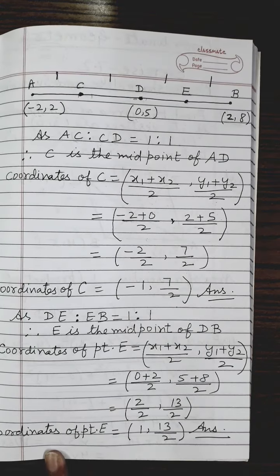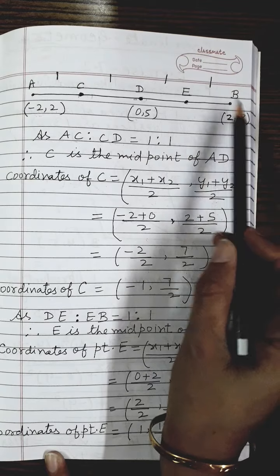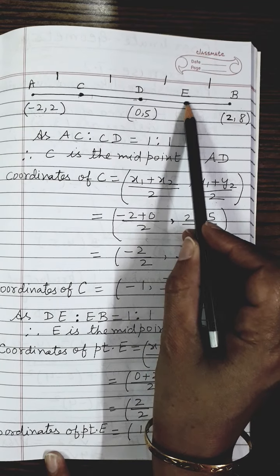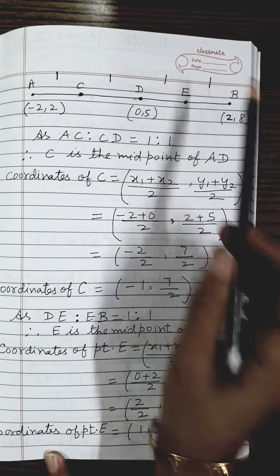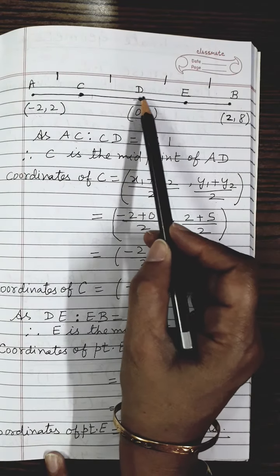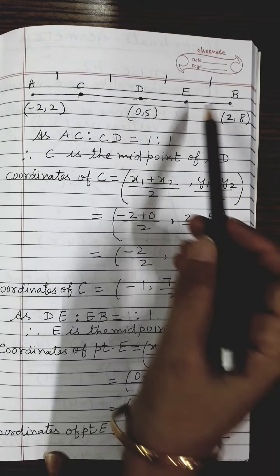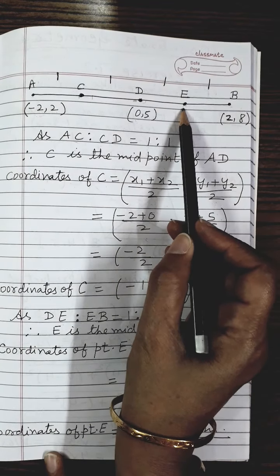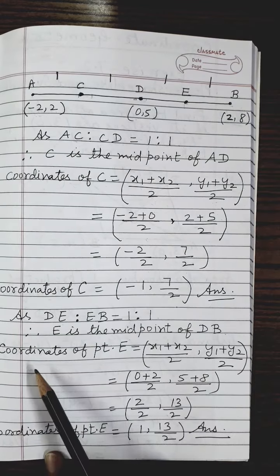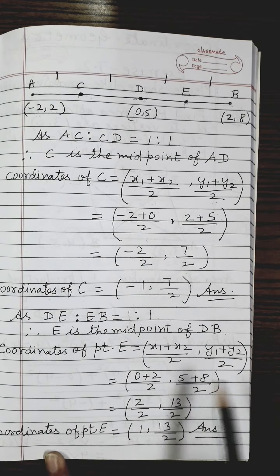Now let us find the coordinates of point E. Now in this portion DB, what do you see? DE is to EB is 1 is to 1. So I write DE : EB is 1 : 1. It means that E will be the midpoint of DB. So in order to find the coordinates of E, I can use again the midpoint formula. Coordinates of point E will be ((x1 + x2)/2, (y1 + y2)/2).